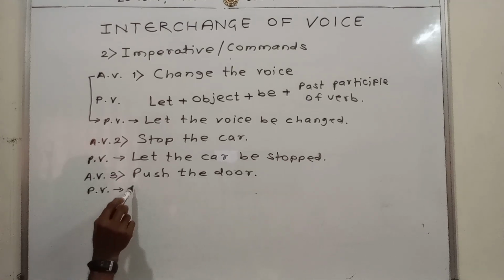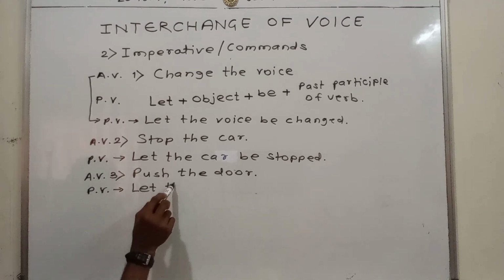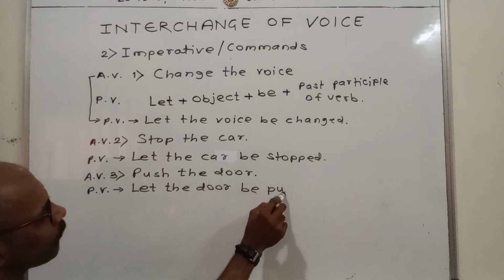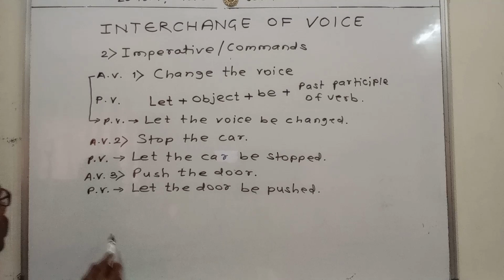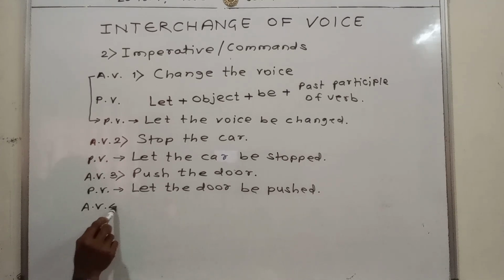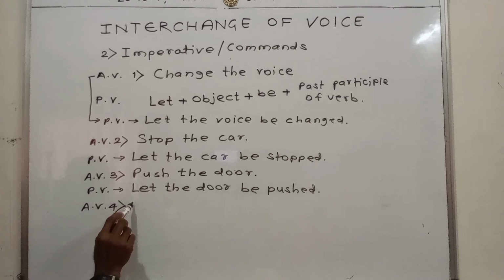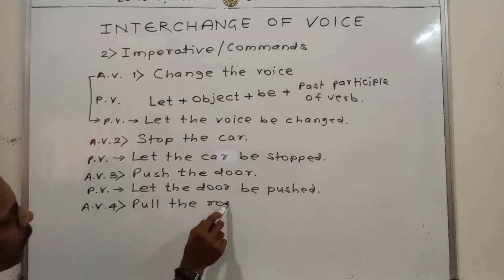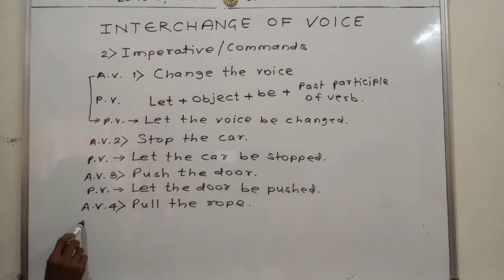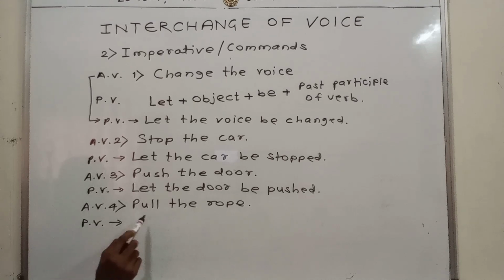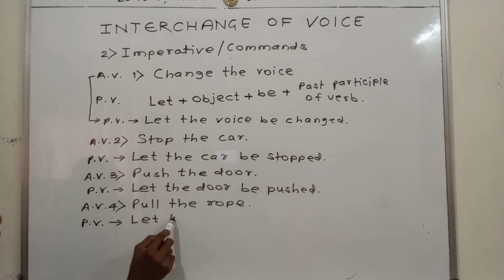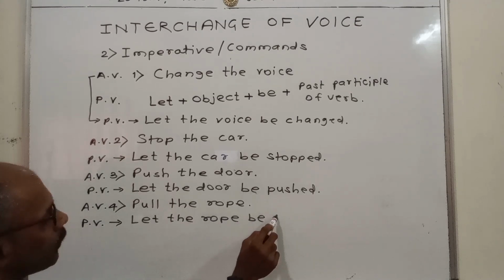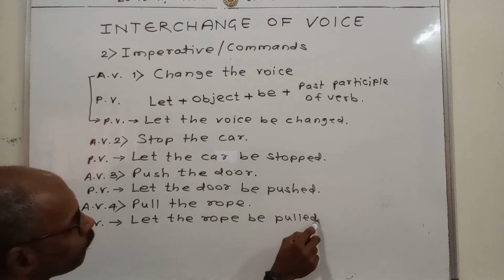Passive voice: Let the door be pushed. Then active voice: Pull the rope. Passive voice: Let the rope be pulled.